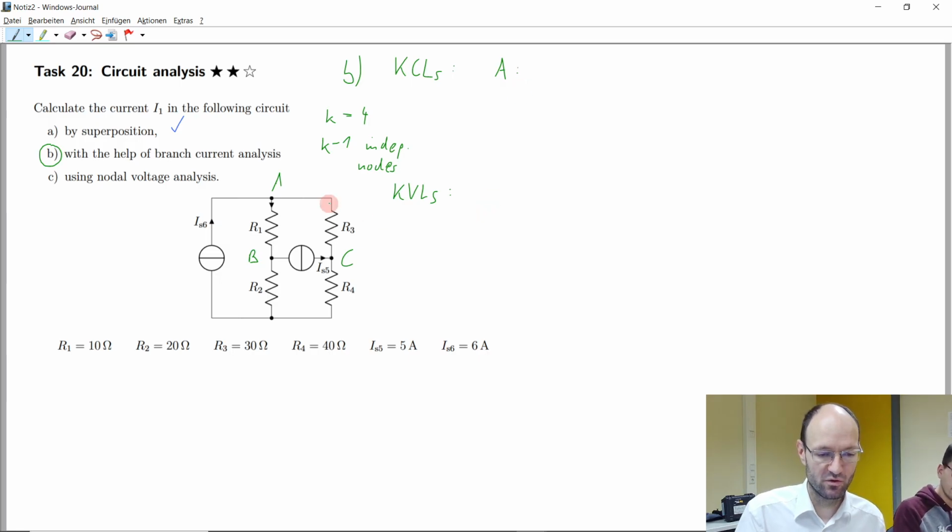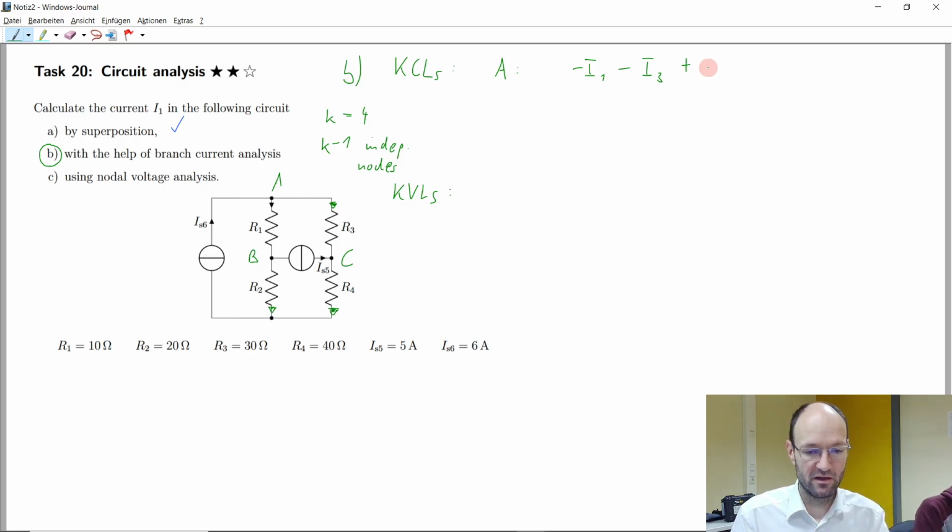I need more current directions, so let's also use this current flowing downwards, and this current flowing downwards, and this current flowing downwards. So for the first node A, our Kirchhoff's current law would be, exactly, I will directly try to order them: minus I1, minus I3, plus IS6.